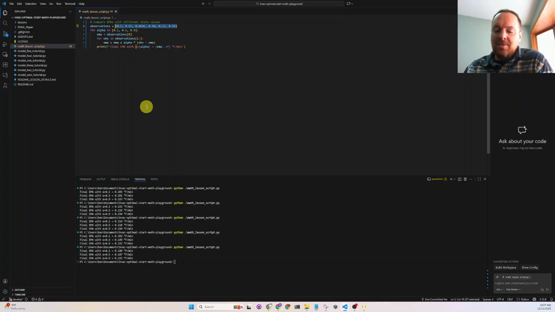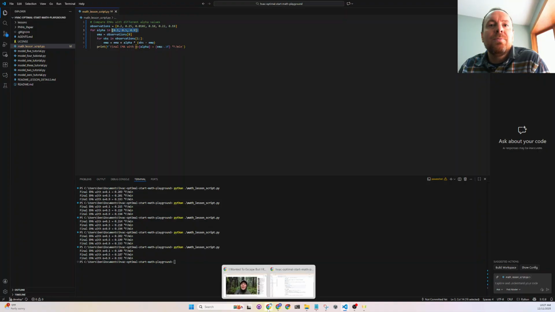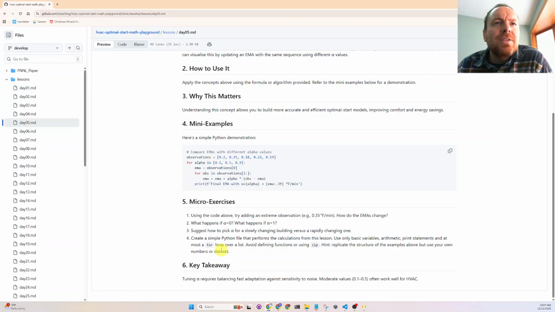For example, when the equipment is supposed to start at 7 o'clock and we're calculating we need 20 minutes of warm-up time, and it's actually requiring 30 minutes of warm-up time, or it's too much or not enough, you can tune those alpha parameters. So that is what I'm getting out of this.